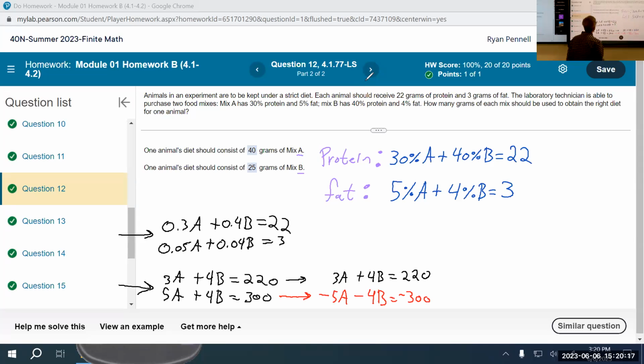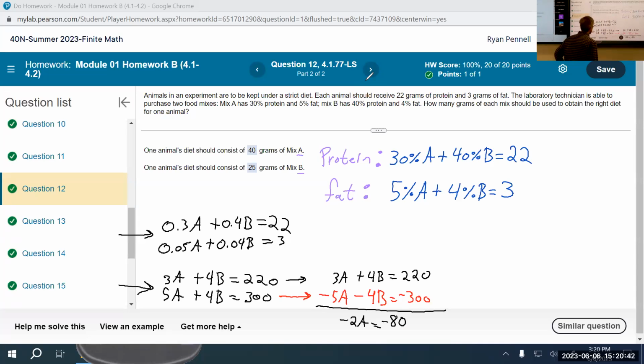So let's see if we can add these equations together. Now we'll eliminate one of the variables so we can solve. So 3 minus 5 is -2. And 220 minus 300, I guess, would be -80.